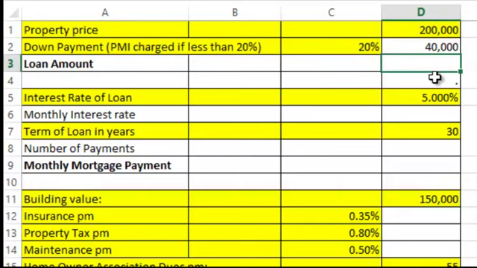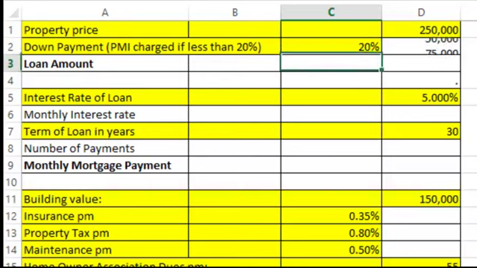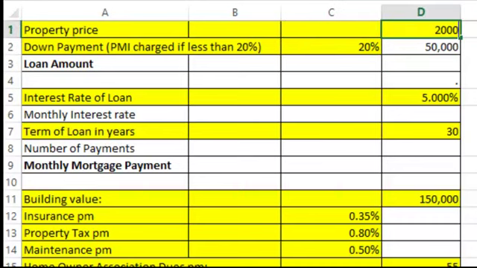Now the reason we do it that way, as I said, is that if I change this to 250,000, if your house price changed or whatever, then your down payment would change. If you want your down payment to be more or less, then it would change like that. So the whole point of referencing cells is so that we can change our inputs.